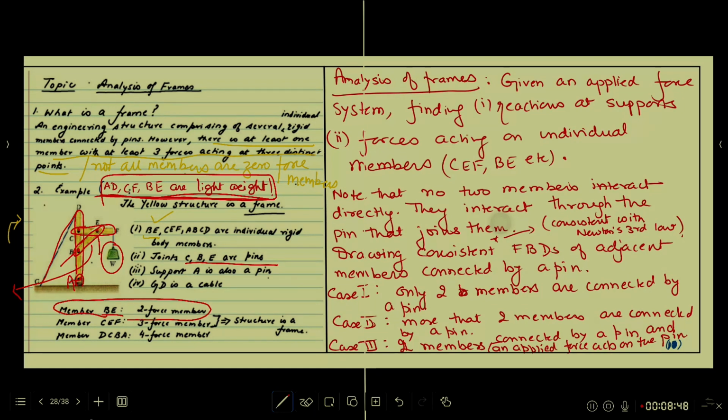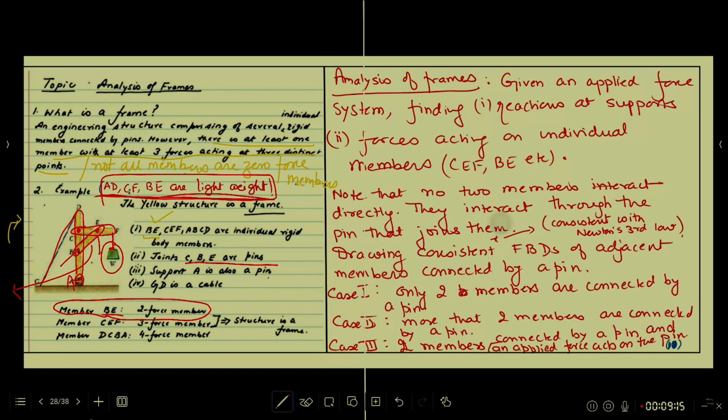Member CEF is a 3-force member. Again, I am not counting the weight of CEF, but even discounting the weight, you can observe CEF. There are 3 points. One is C itself, the other is E, and then there is a weight hanging at F. So there are 3 forces acting at 3 distinct points of CEF. Thus, CEF is a 3-force member.